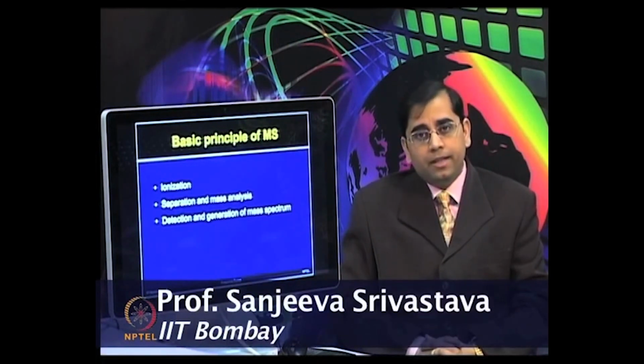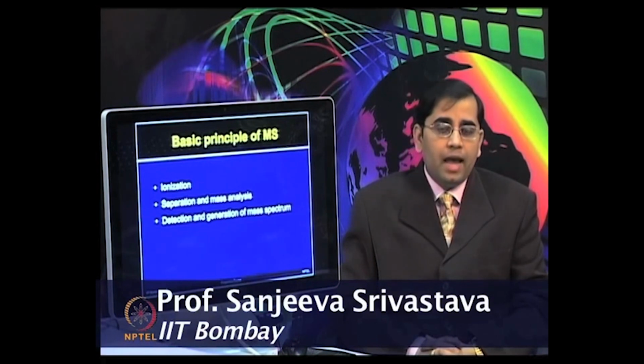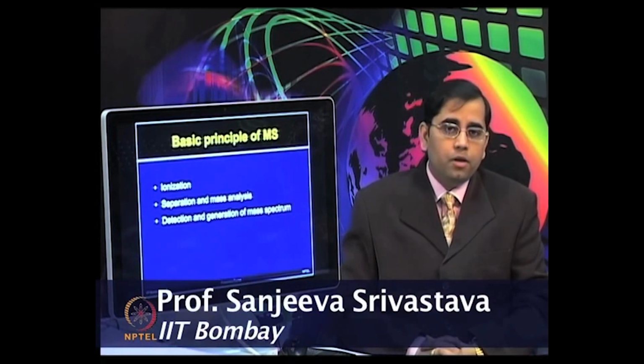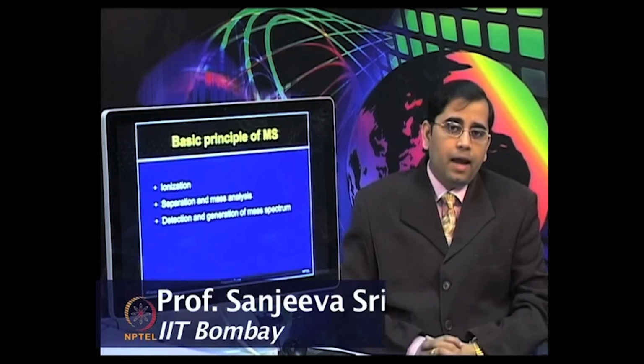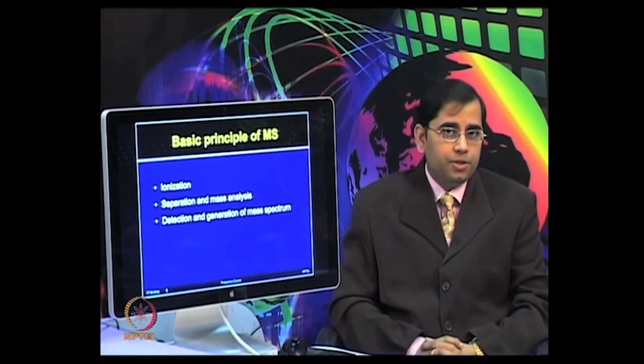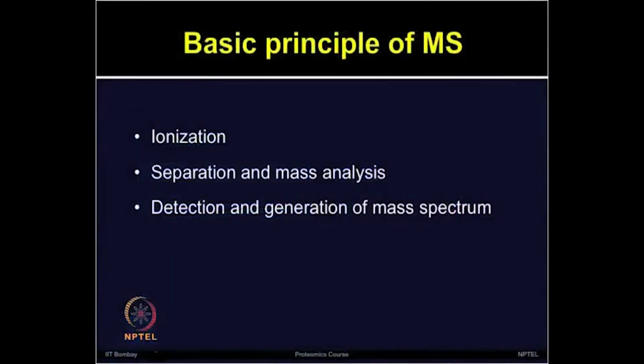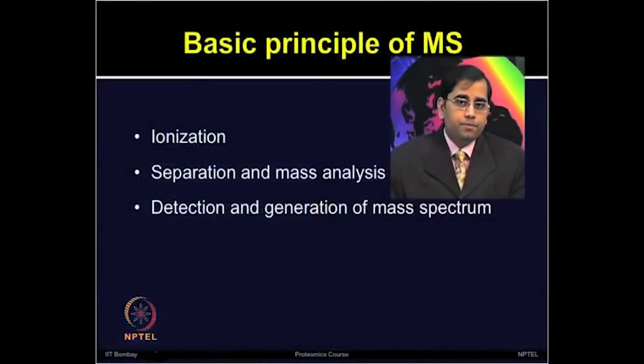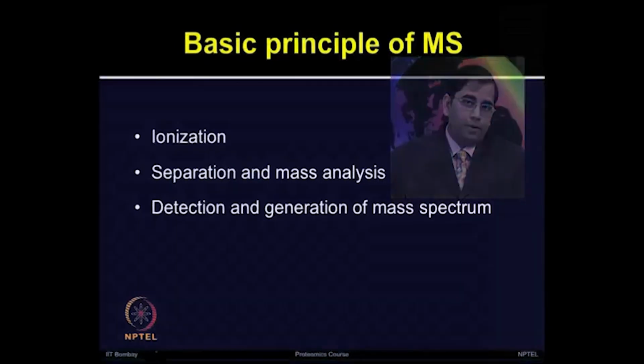The second step is separation and mass analysis of molecular ions and charge fragments on the basis of mass to charge ratio. The final step is detection and generation of mass spectrum. These are the main steps involved in the mass spectrometry operation.